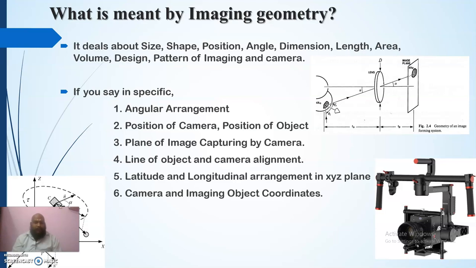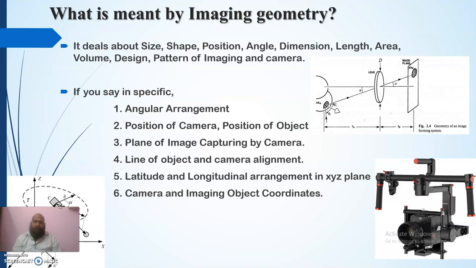So like this, it deals with so many things of imaging and it corresponds to the camera. These are the things we are discussing or dealing with during imaging, so we can say it is imaging geometry.